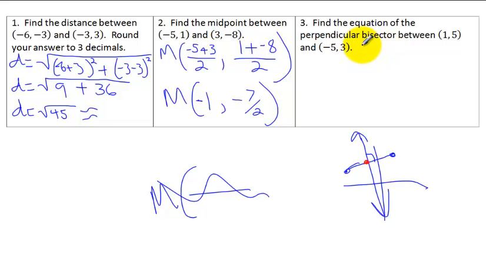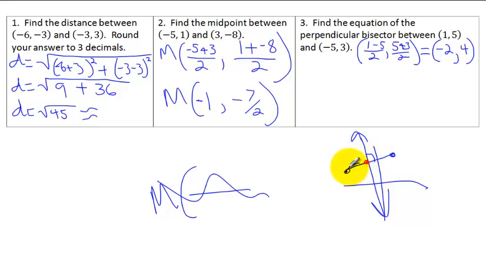So we will take the average of these 2 points. So 1 plus a -5 means 1 minus 5 over 2, comma, and then a 5 plus 3 over 2. So that's going to give me a midpoint of -4 over 2 is -2, and 8 over 2 is 4. So there's my midpoint that I'm going to use. That's this red dot down here.